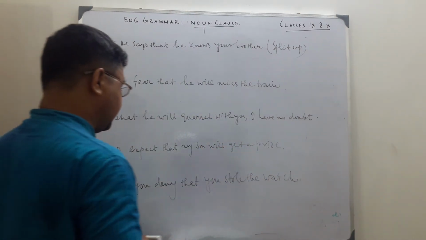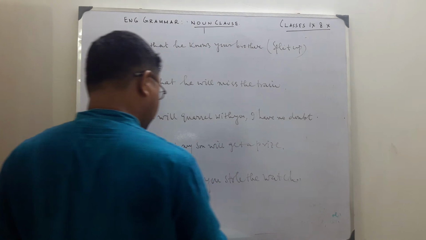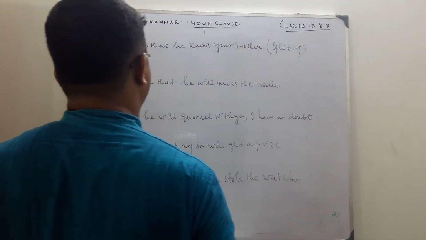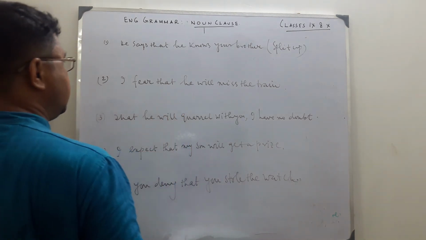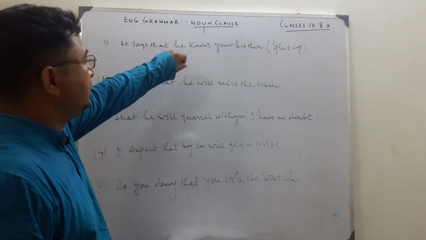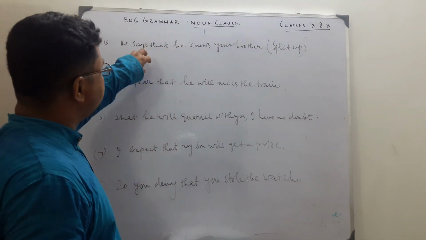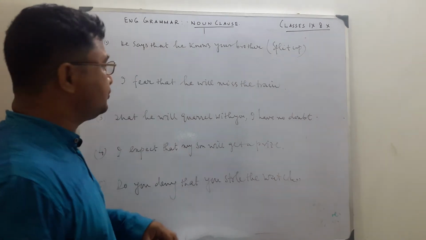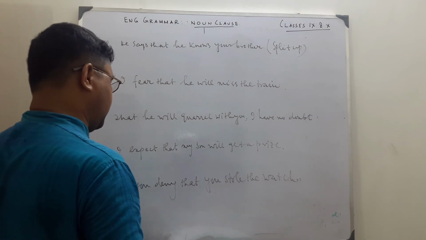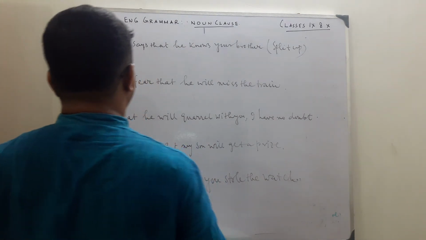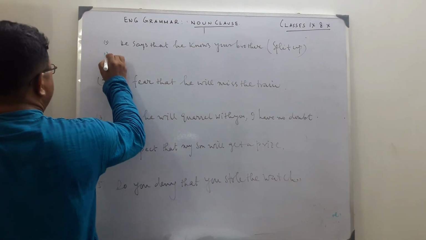In that case, what will you do? Suppose you split the complex sentence having a noun clause. You see, I have written 5 sentences based on noun clauses. Now the teacher asks you to split these sentences into 2 different sentences and show the noun clause and main clause. What is the noun clause here?